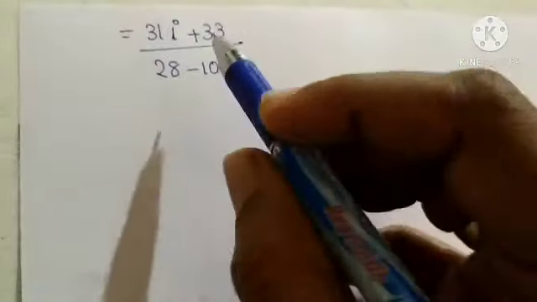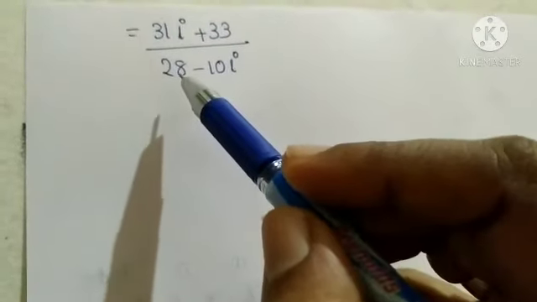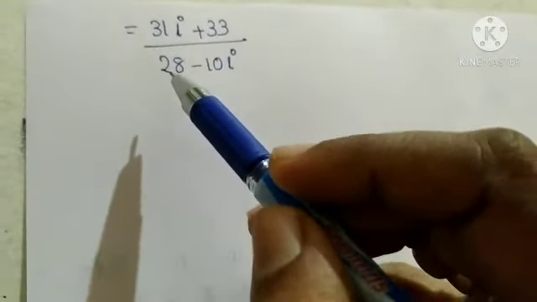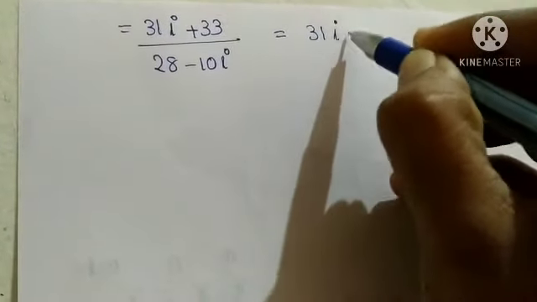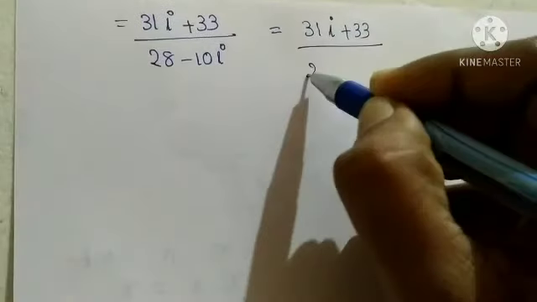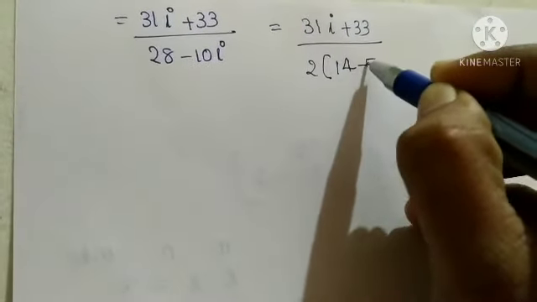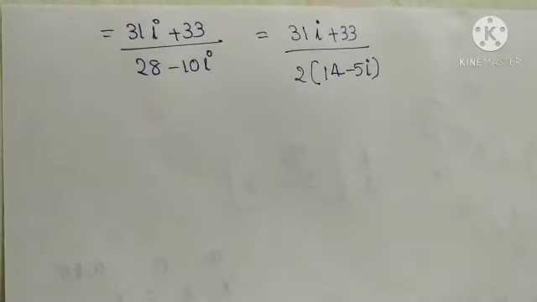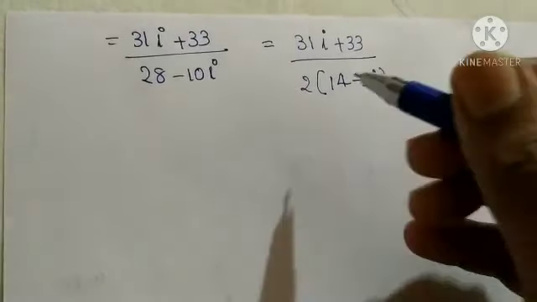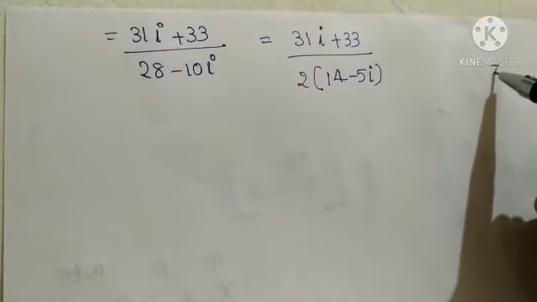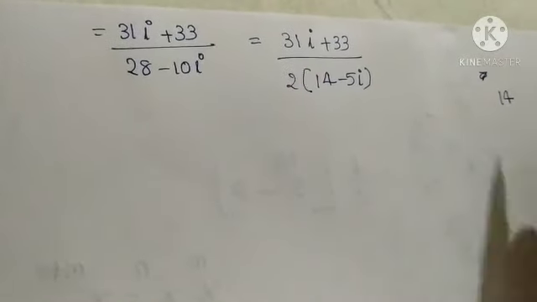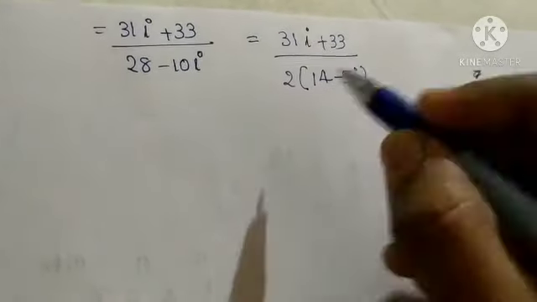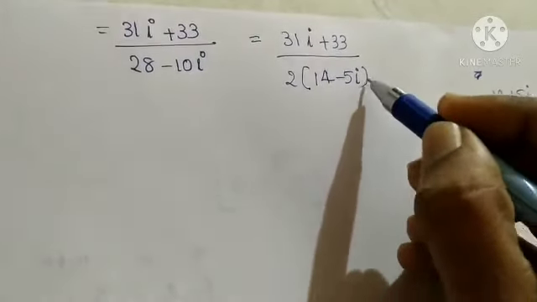Next I am going to take 2 outside from the denominator. Taking 2 outside, it will become 31i plus 33 divided by 2 into 14 minus 5i. Next I am going to take the conjugate of the denominator. Conjugate of denominator is 14 plus 5i, just changing the sign of the imaginary part.